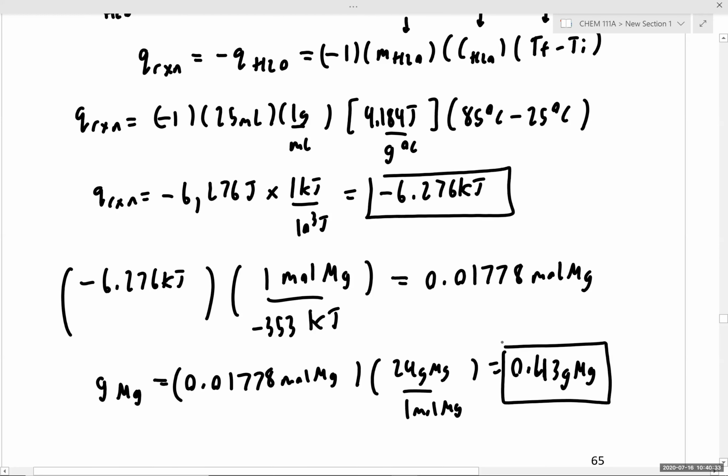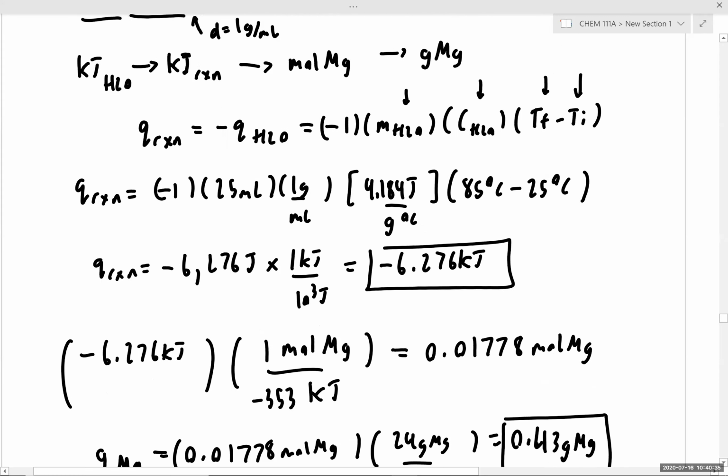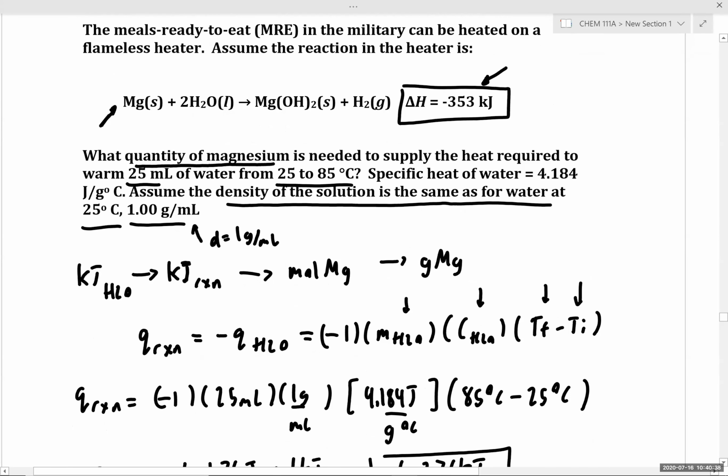Now one thing that I do want you to keep in mind in this problem is that the magnesium is being converted into magnesium hydroxide. However, it's not soluble and we're not given any information on the specific heat. So we can assume that heat transfer to magnesium hydroxide is negligible.